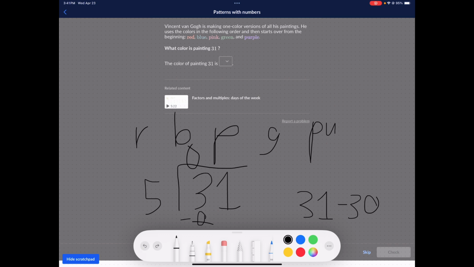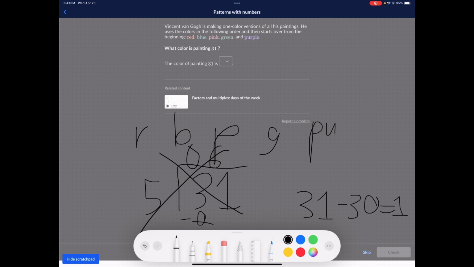So what's 30 divided by 5? 6, good. So we have 6 here. Now, we don't care about the actual answer to this problem. All we need is the remainder, and our remainder is 1.